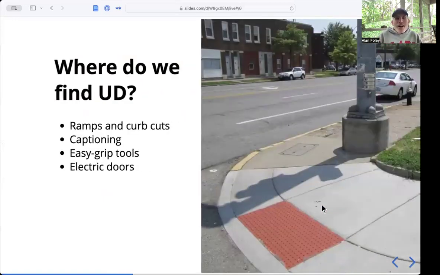A very common example, and you'll probably hear me say this several times over the session, is curb cuts. And in some of our readings, there'll be references to digital curb cuts. So curb cut has become a shorthand for universal design. What is a curb cut? Well, one is pictured here in this image.